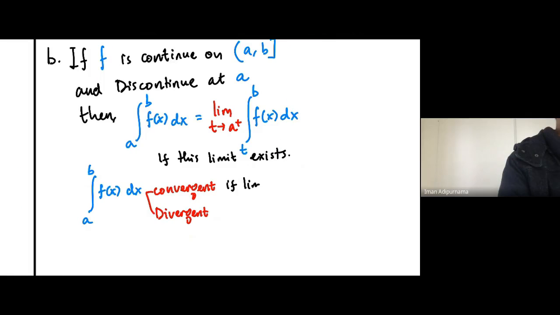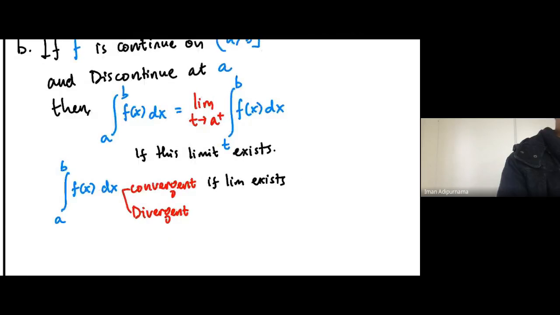Convergent if the limit exists, and divergent if the limit doesn't exist.